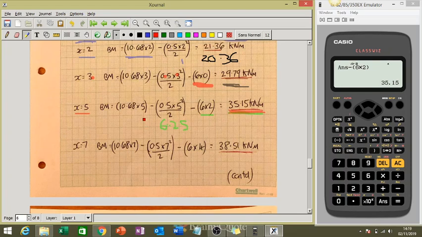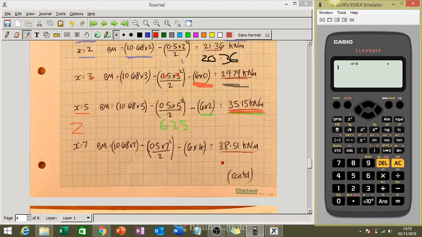So just increase these by 2 now. So 10.68 times by 7, that's my UDL bit, and that's my moment due to that, 6 times by the 4. So I'll work it out again, just to go the long way. You haven't got to do it like this. Just make sure you square the 7. Don't square it all.